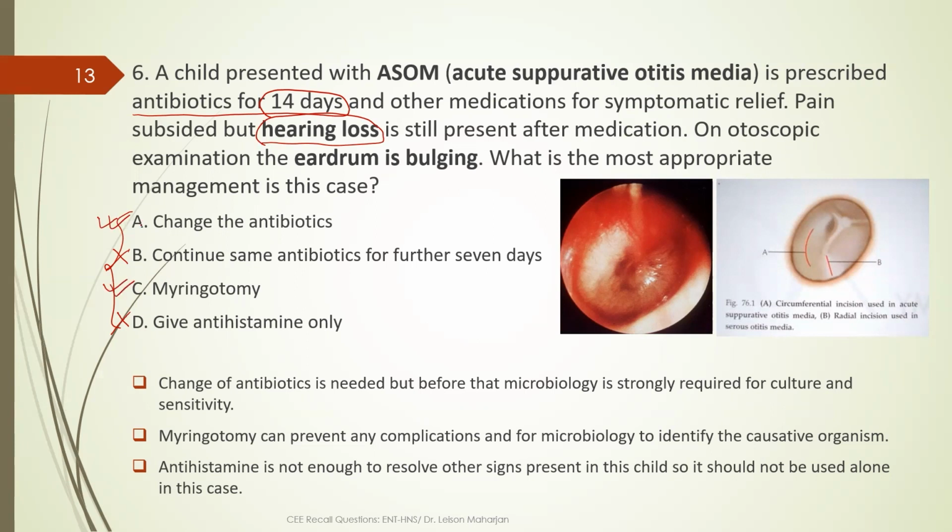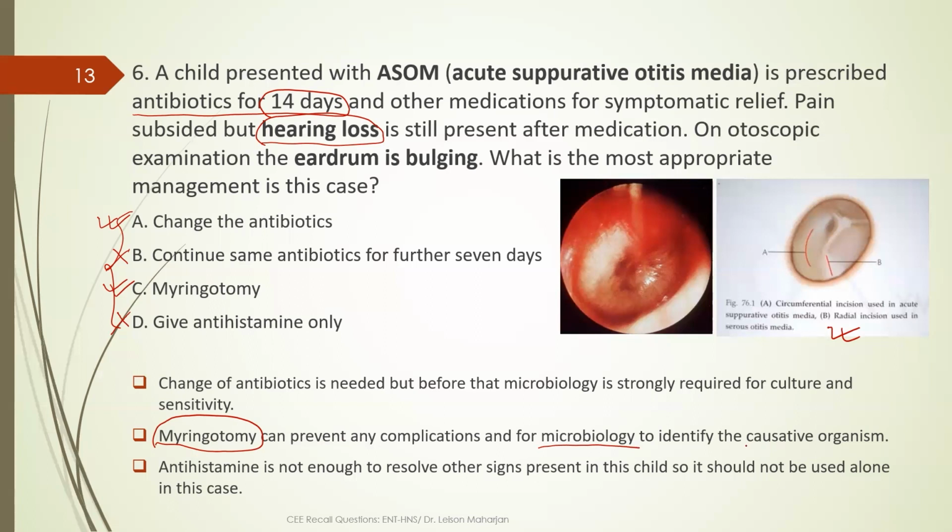Now let's see. Myringotomy is an incision that is made in the tympanic membrane, like shown in this picture. By doing the myringotomy, we can decompress the pus which is collected in the middle ear cavity. Another advantage is we can take out the pus and send it for microbiology or a culture sensitivity test to identify the antibiotic that can work with the causative agent.